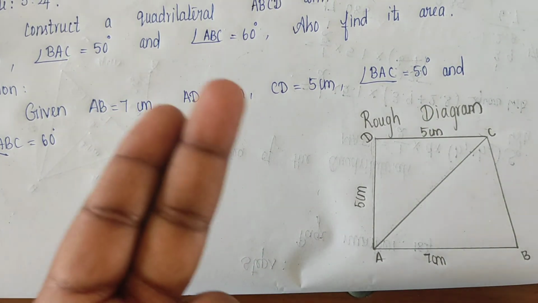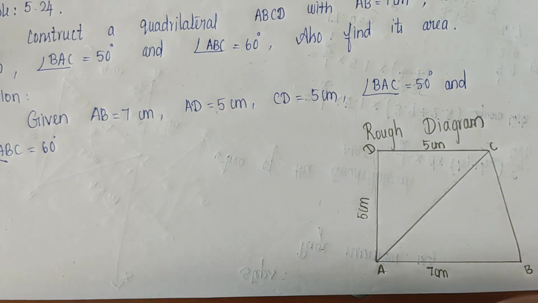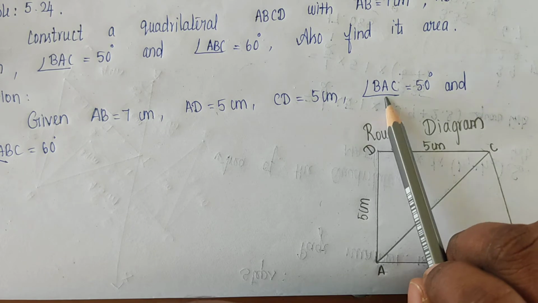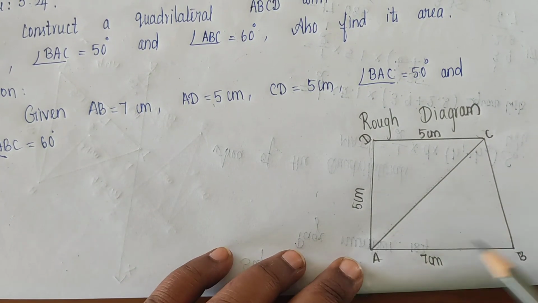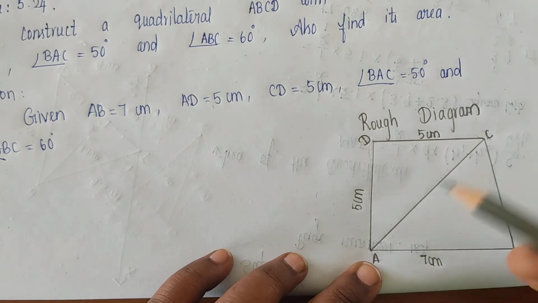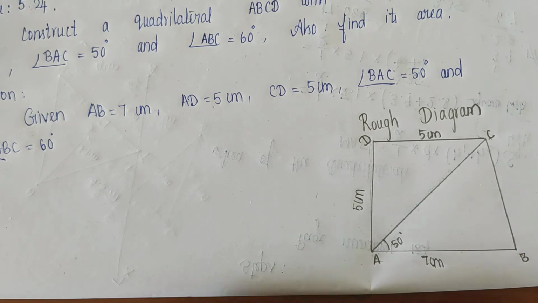And two angles are given. Which angle? Angle BAC equal to 50 degrees.